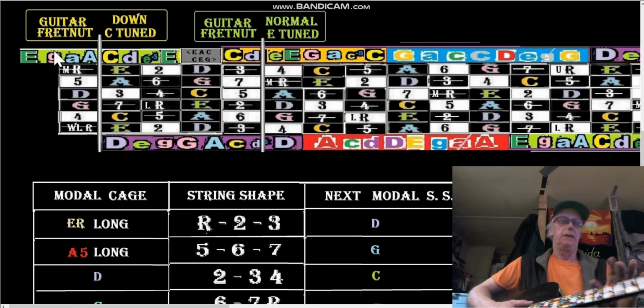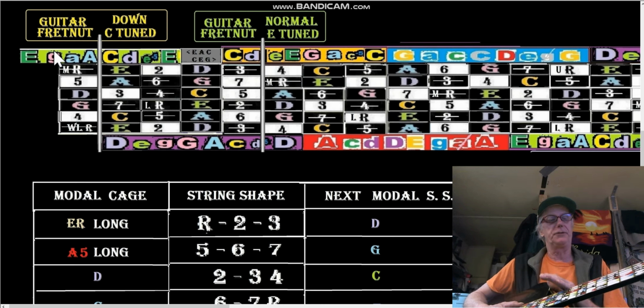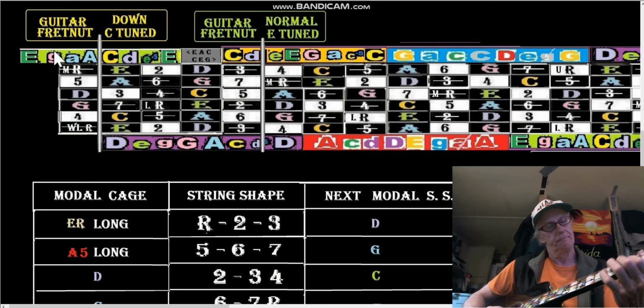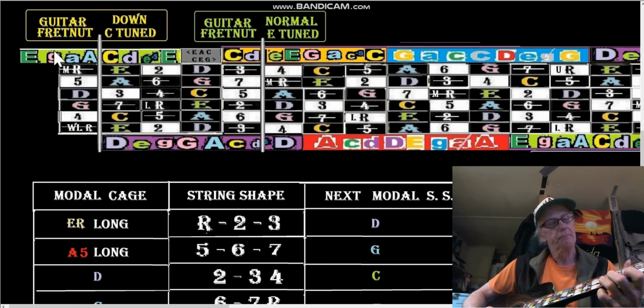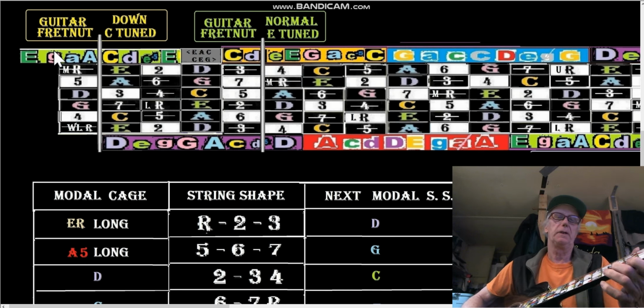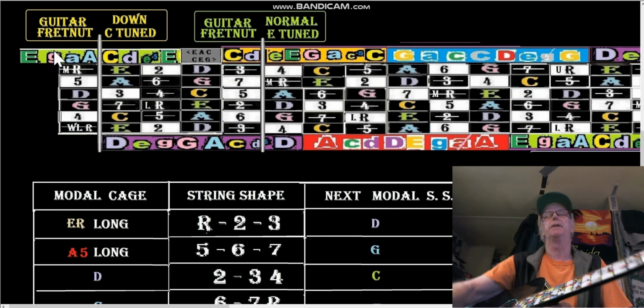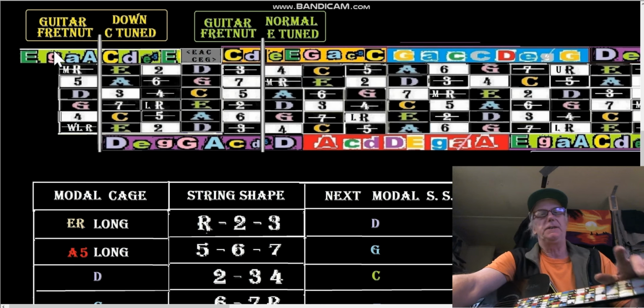But if we wanted to play the actual scale, we would start that E scale like this. I played the wrong scale there at first, but the second time it was right. So that would be the E scale.